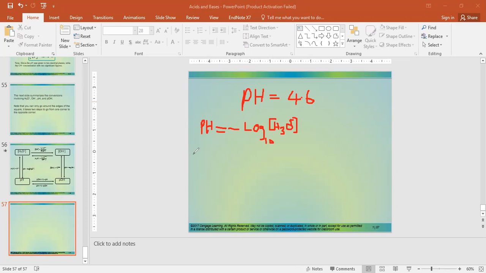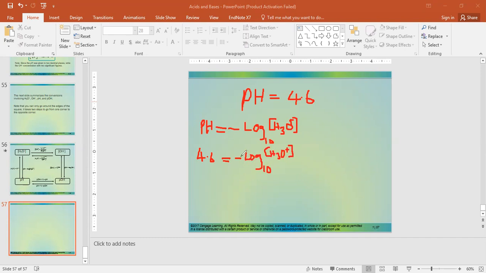Yes. So if you are given now 4.6 is equal to negative log to base 10 of the concentration of what? The hydronium ion, like that.